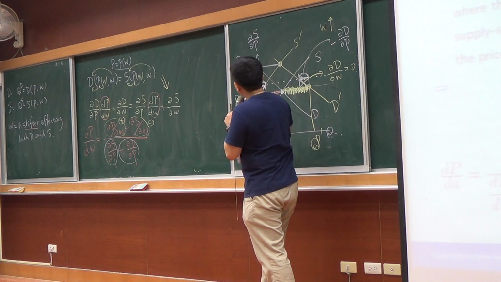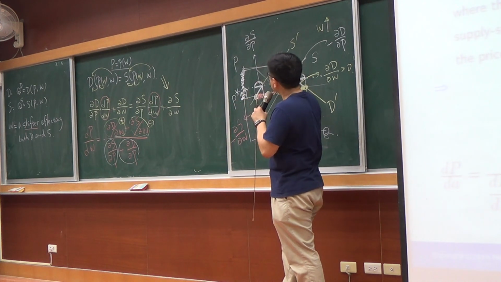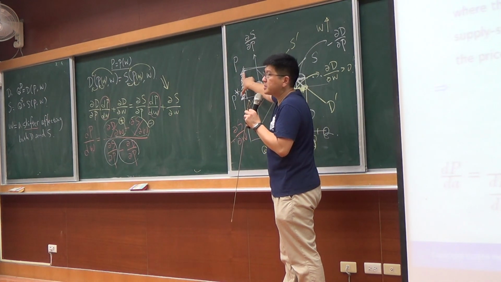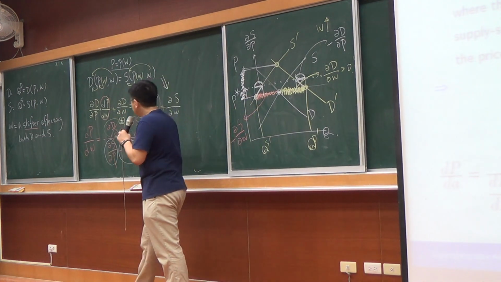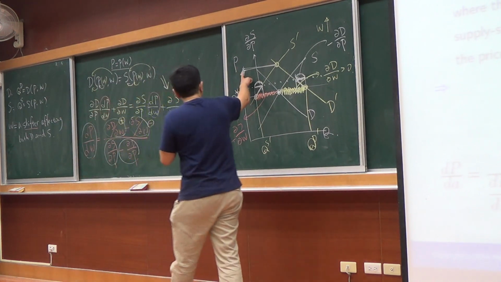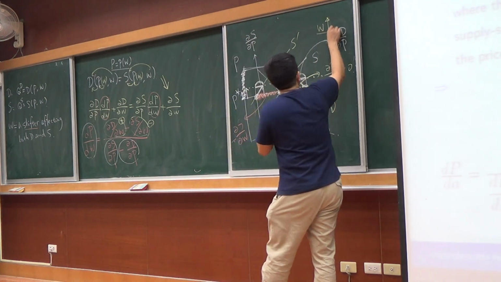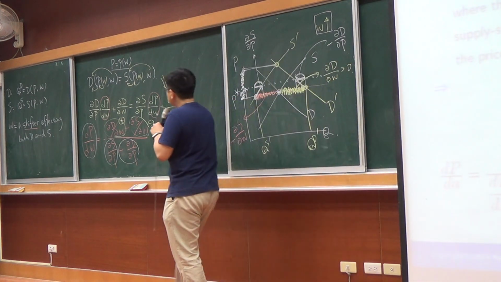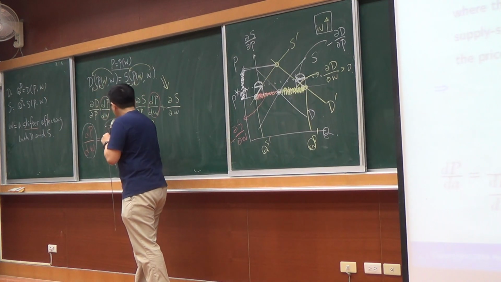So the total magnitude of change in P. This is the initial equilibrium price, this is the new equilibrium price. So what is the size? It should be the ratio here, right? So this is what we want to know. What is the size of change in P by a unit change in W, the shifter? And also positive minus negative, positive minus negative.